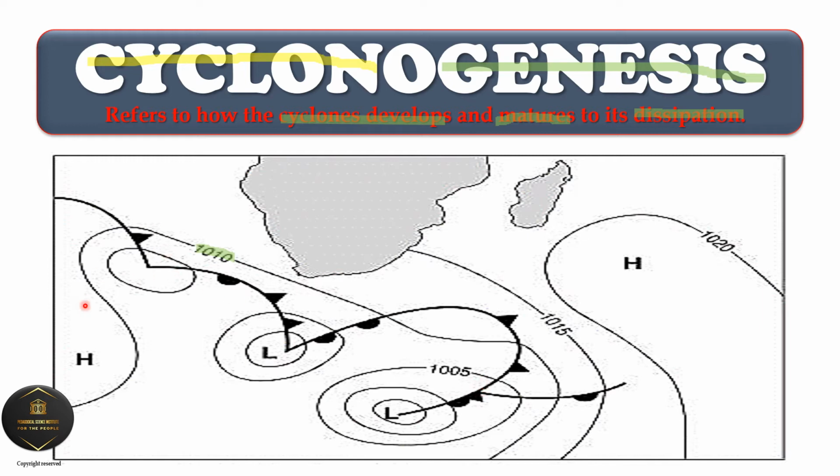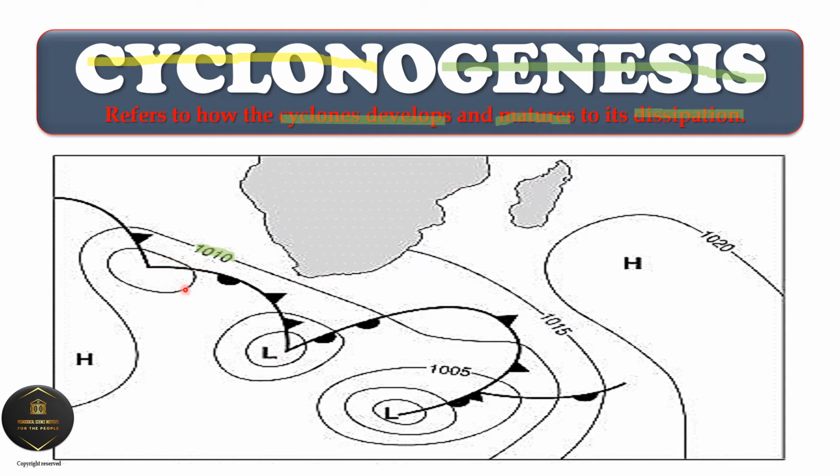Now let's start with the side in the far west. This has just a mini cold front and another warm front, and the pressure is a bit high if we look at it. Since it is 1010 here, it means here it will be 1005.